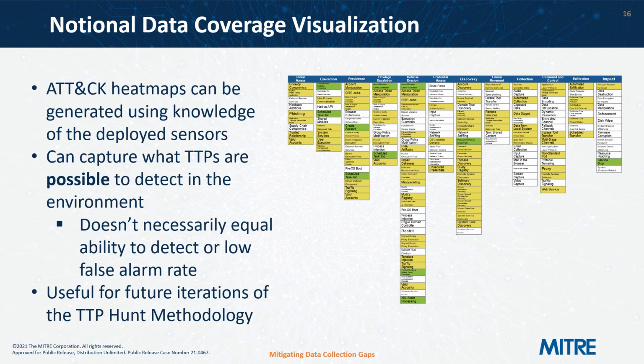This often leads people to believe that they may have certain TTPs covered, but later find out that for whatever reason, they have no visibility of them. Note that this also doesn't give an indication of the false positive rate that you may encounter in any existing detections. This kind of visualization is useful for tracking TTP detections as they are developed.